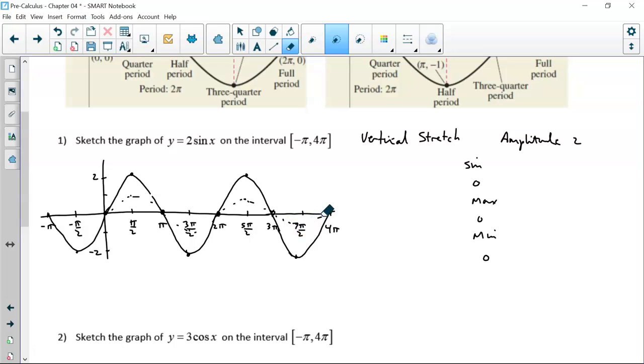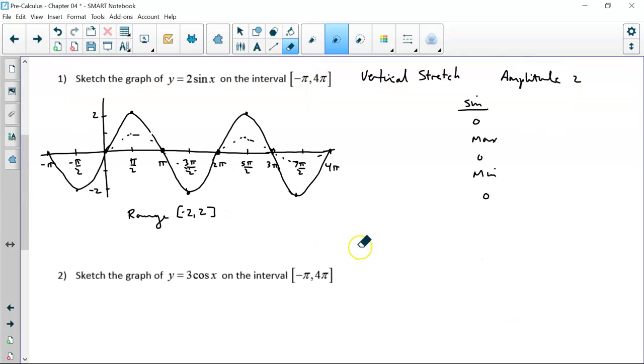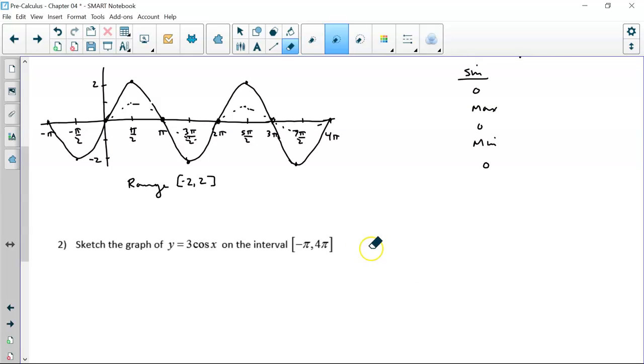There's that vertical stretch. So just make a note that the range, this time because we increased our amplitude, is negative 2 to positive 2. So when you think about sine, think about the pattern 0, max, 0, min, 0. We're going to be doing more practice of this. Those are our key points.